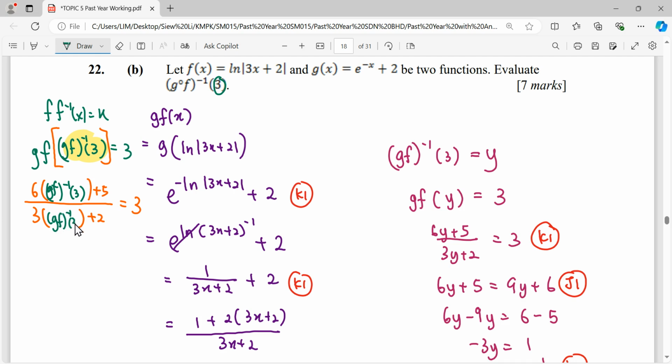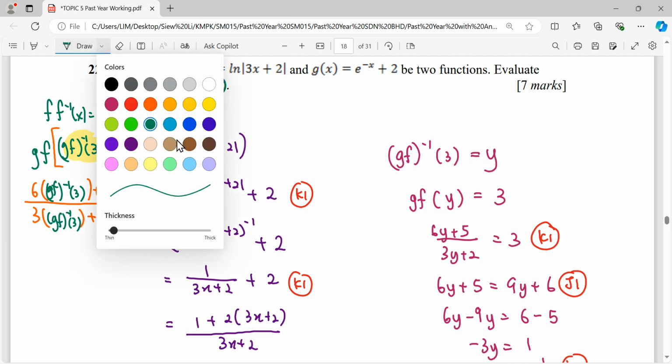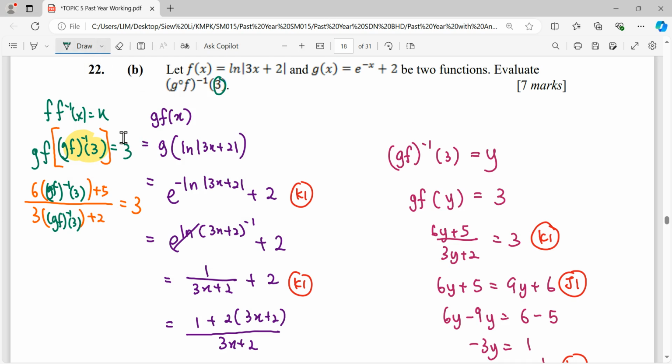What we need to do next is simplify until we get this gf inverse 3. So cross multiply. 6 gf inverse 3 plus 5 equals to 3 times 3, which gives 9, then gf inverse 3 plus 6.